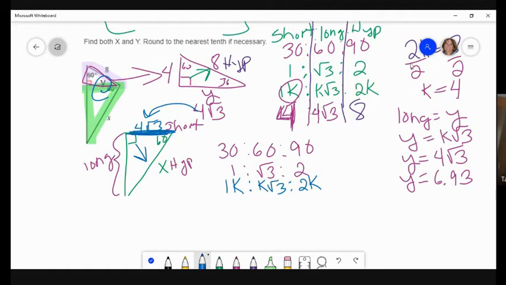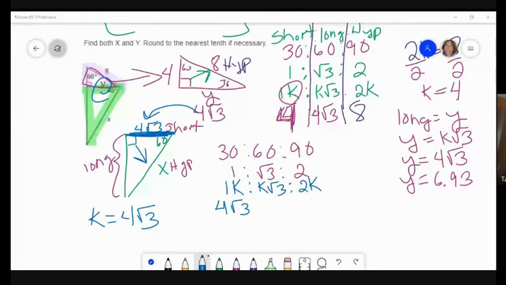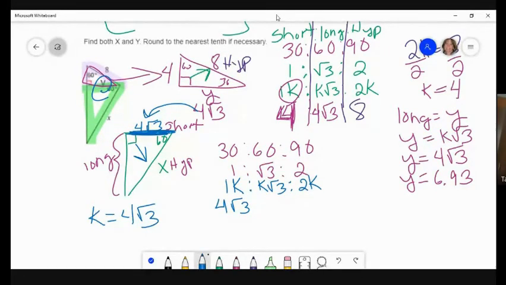So our short leg is 4 square root 3. You can actually write that out: we now know k is equal to 4 square root 3. So now all we have to do is plug it into each of the formulas, and we can solve for any other part of our triangle.